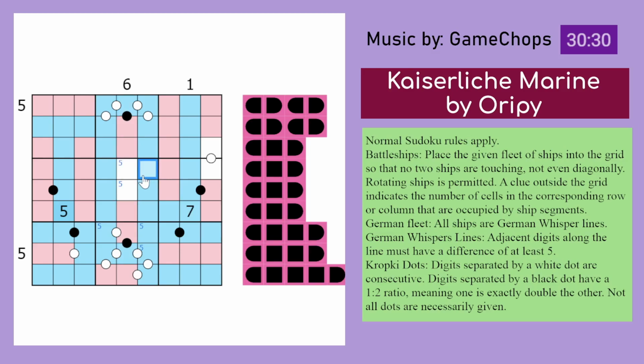You can probably do the same for a bunch of other stuff as well. 5 in this box can't be in those cells, so 5 goes in one of those cells. I mean, 5 could be here or there, so that's fine. 5 could be there if this was 6 next to a 4 or something.